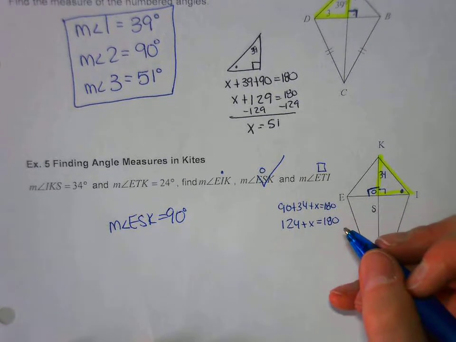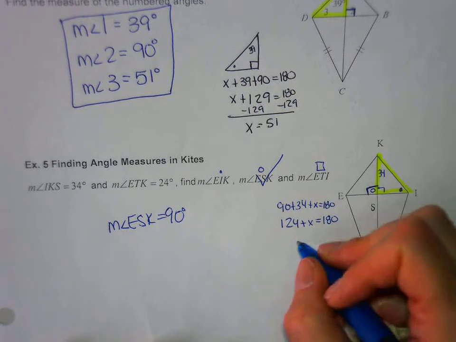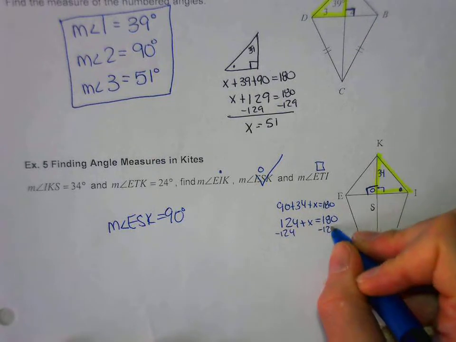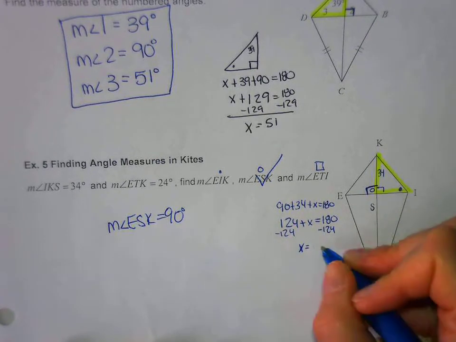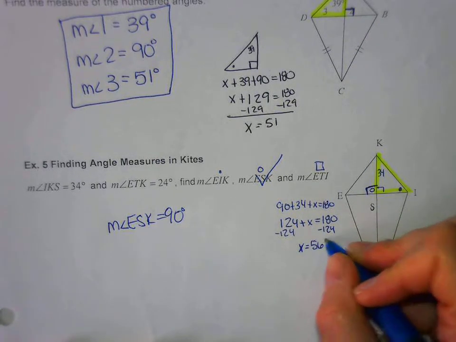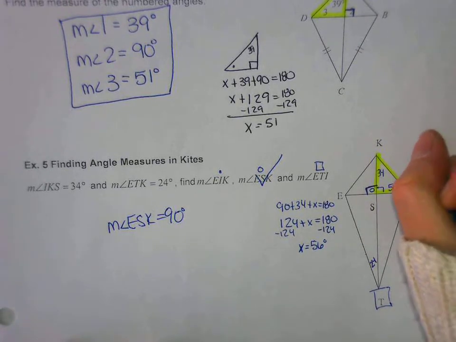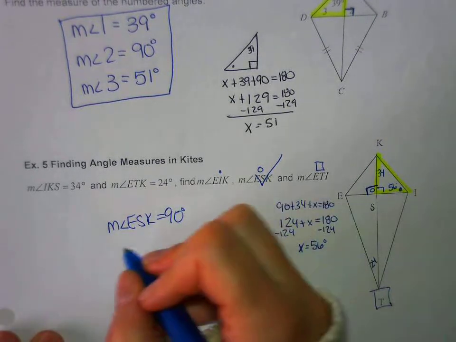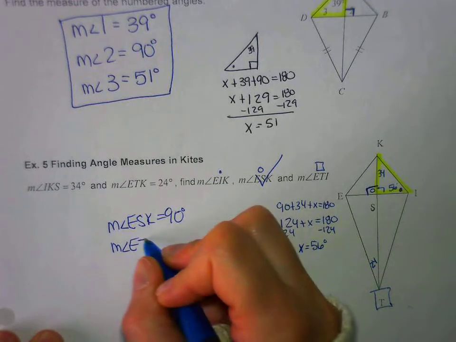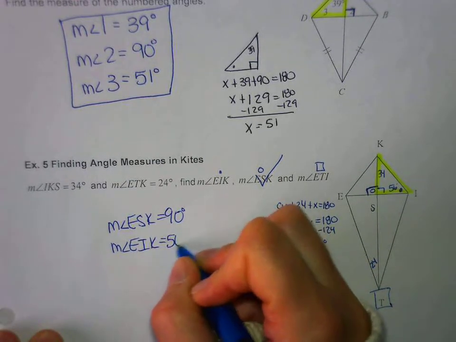So when I subtract 124 from 180, I have that the missing angle is going to be 56 degrees. So the measure of angle EIK is 56 degrees.